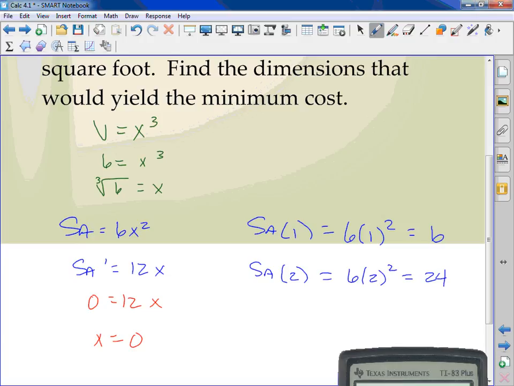Which one's going to give me a minimum value? 6. So my minimum value is, each side should be 1 foot.